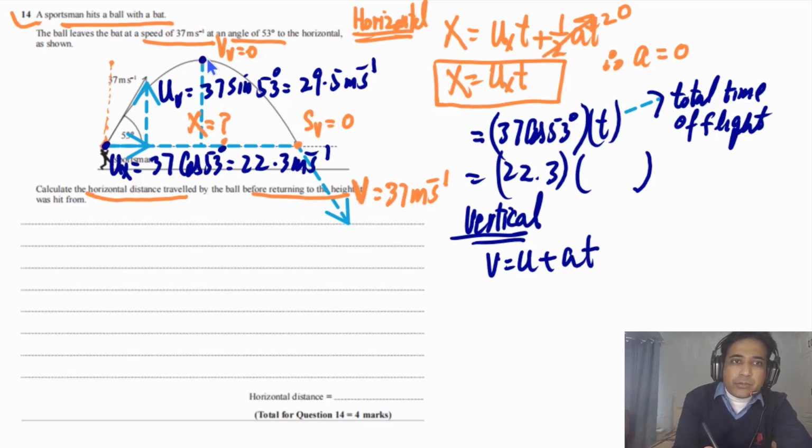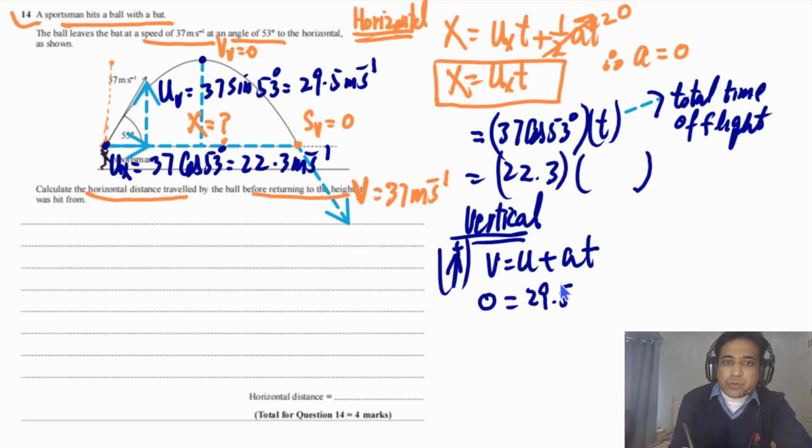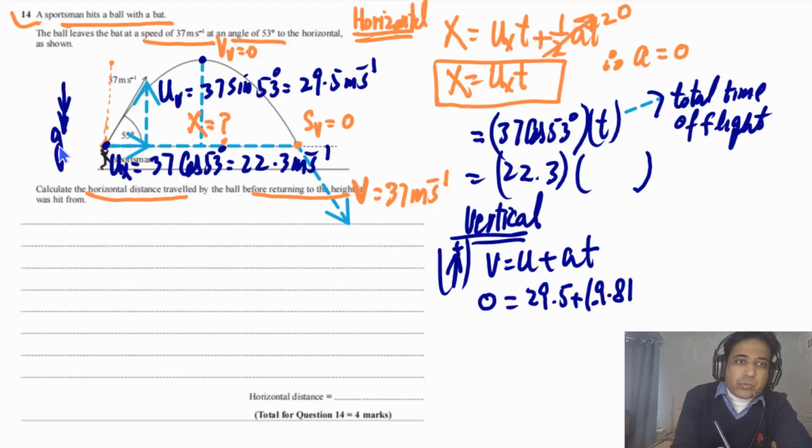Vertical component of velocity at this point is equal to 0, and the initial component of vertical velocity is 29.5. In this case we are taking up as positive, so this will be positive, plus we have a, that is equal to 9.81, which is g, but this one has to be negative because acceleration is downwards. So g is downwards, so this has to be negative, times t.